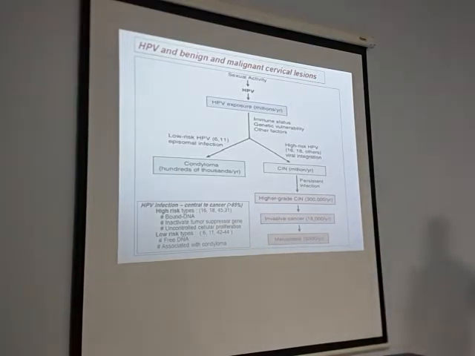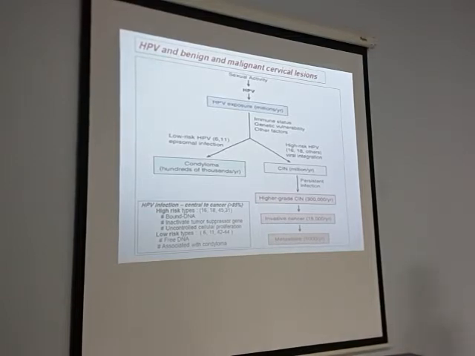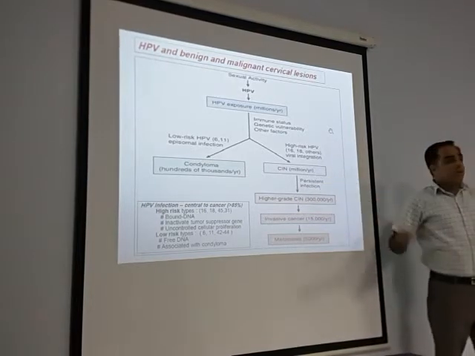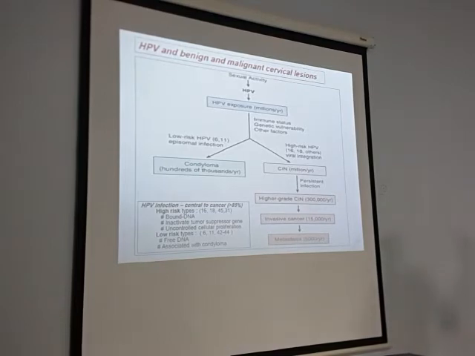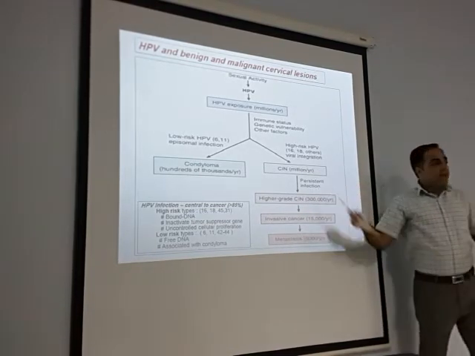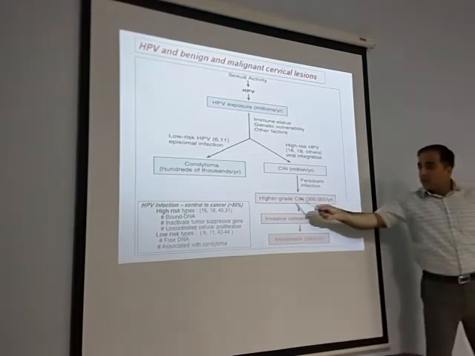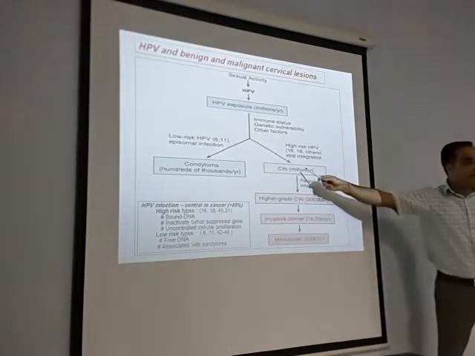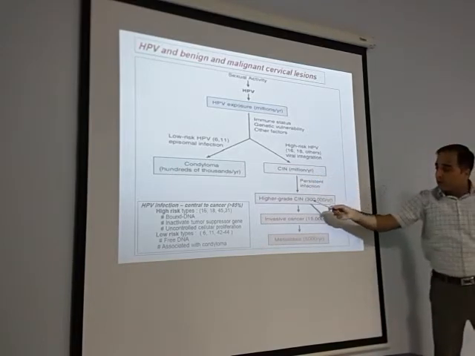We have two types of viruses, low risk type and high risk type. Low risk type only gives condylomas, not cancers. But high risk will give rise to cancers. First of all, there will be cervical intraepithelial lesion in 1 million per year. If the infection persists, it will lead to high grade cervical intraepithelial lesion. So first low grade cervical intraepithelial lesion followed by high grade.